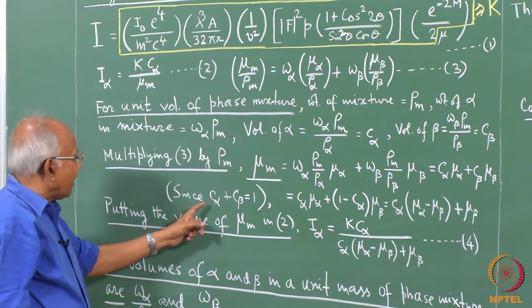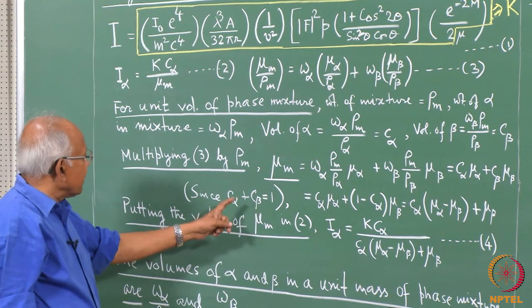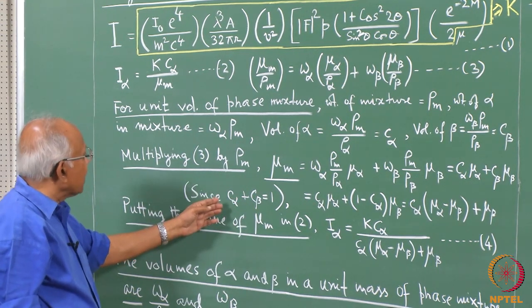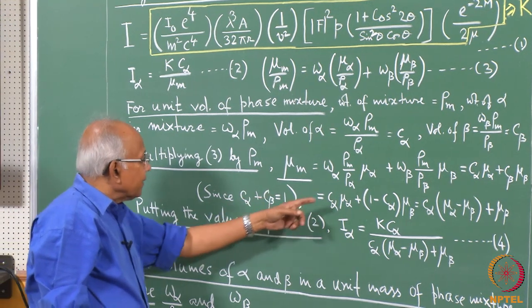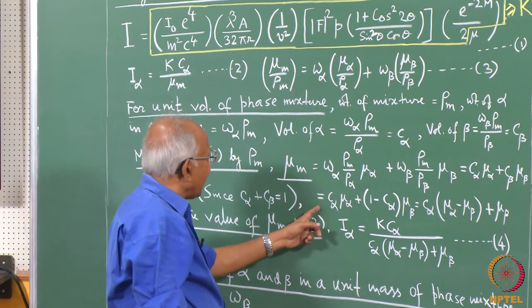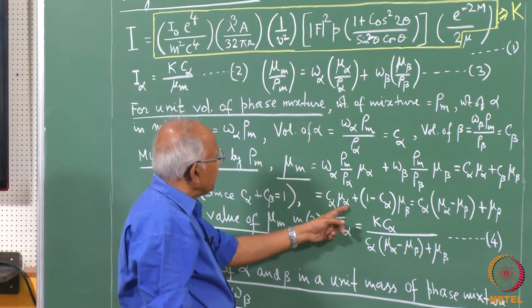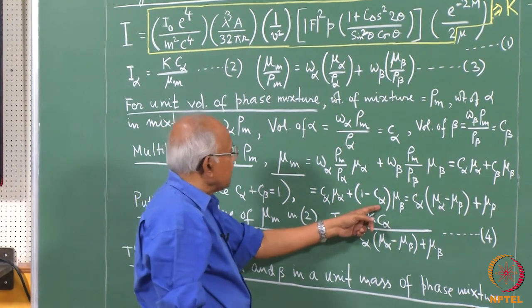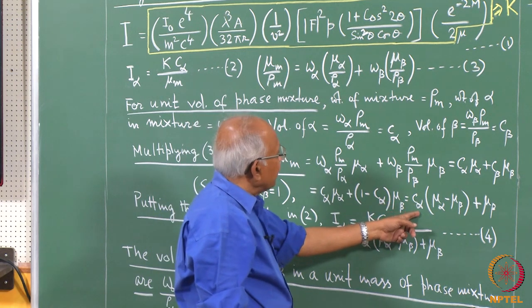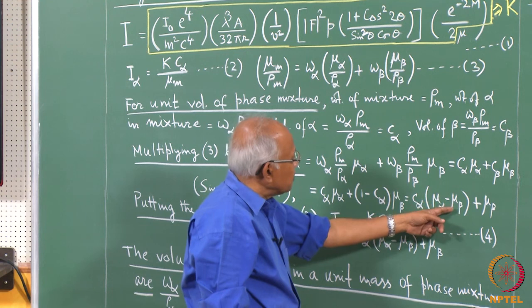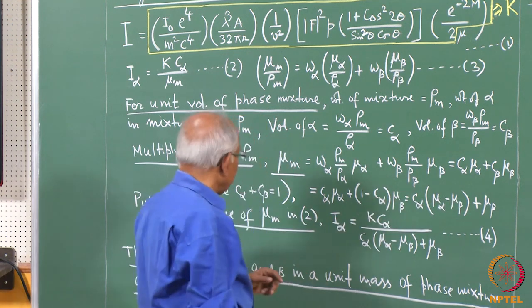Since C alpha plus C beta, that means the volume fraction of alpha plus volume fraction of beta in the mixture, is equal to 1, this can be written as C alpha mu alpha plus 1 minus C alpha into mu beta, equal to C alpha into mu alpha minus mu beta plus mu beta.